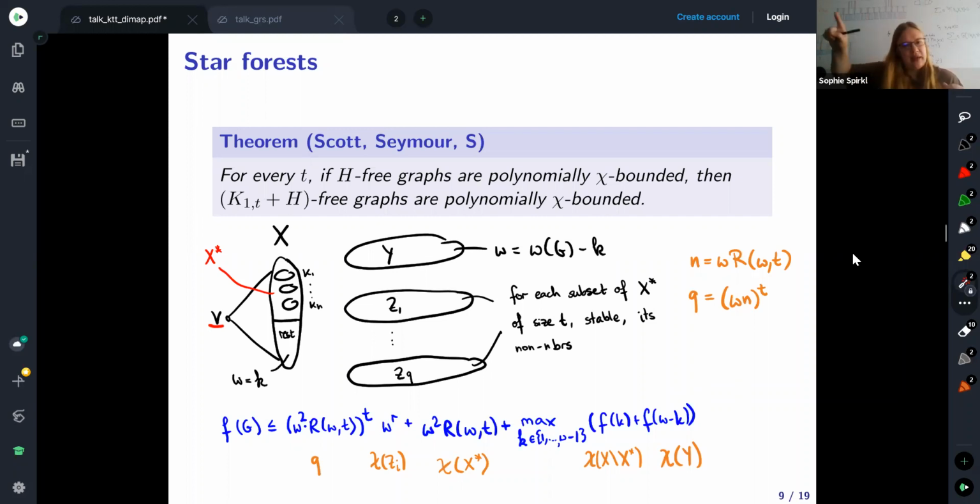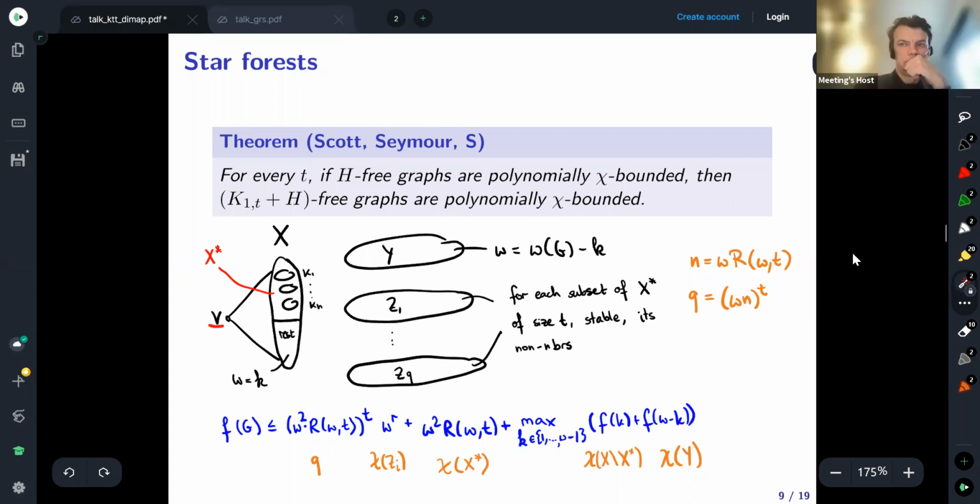So you would think the max would be attained at one of the ends of the interval. And at the ends of the interval, k is 1 or omega minus 1. So this is roughly f of 1 plus f of omega minus 1, which is good for us because now we have a bunch of stuff that's polynomial in omega plus f of omega minus 1. So if f of omega is roughly this stuff times omega, then we're in good shape.